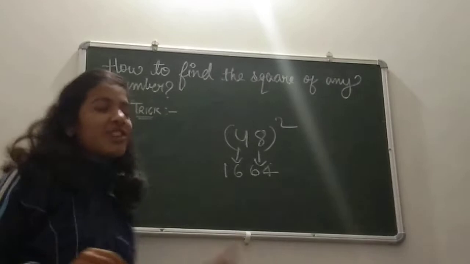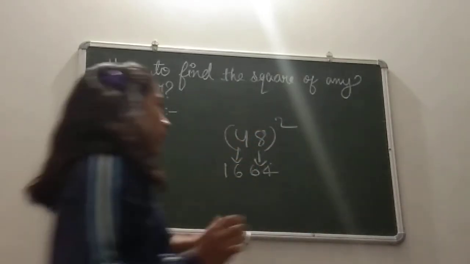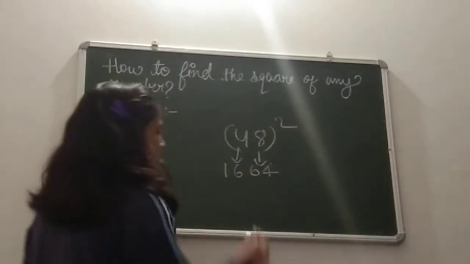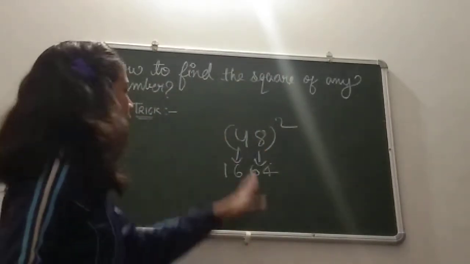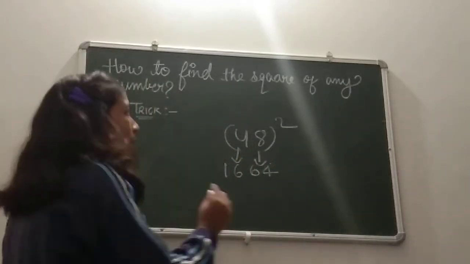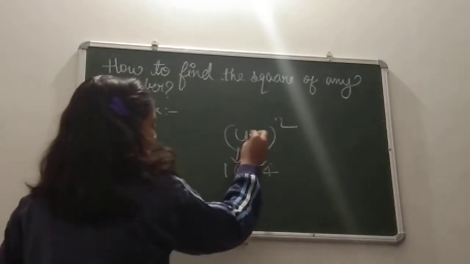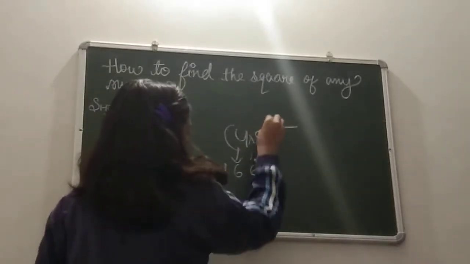Again, it is really very necessary to know the square of each unit number. Now let's come to the question. So 16 and 64 come when we square both of these numbers.